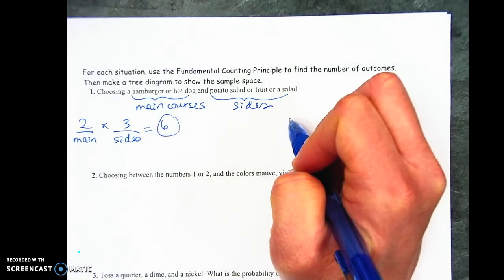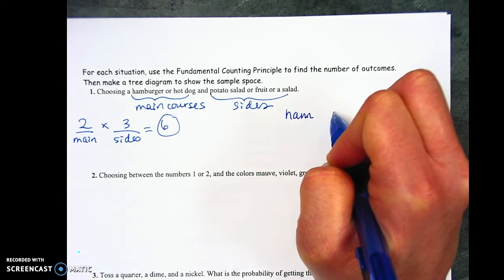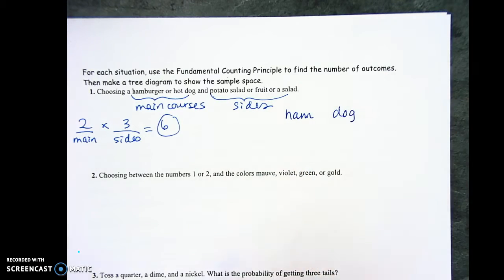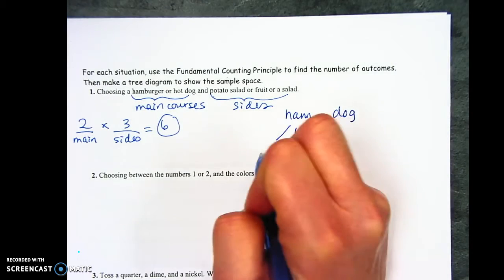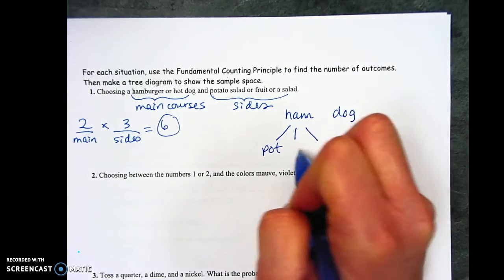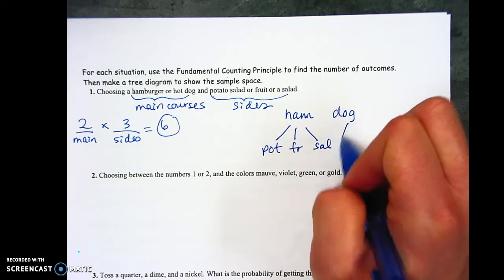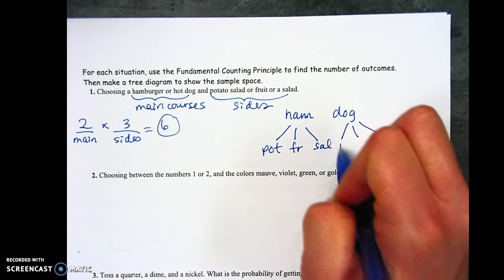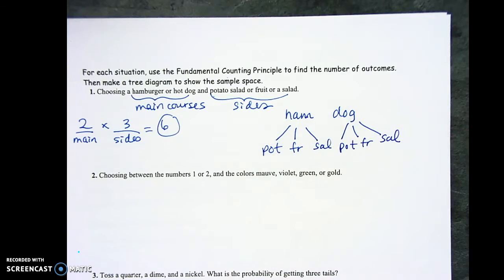So our main course could be a hamburger, or ham, or a dog, a hot dog, main course. Then you could pick either potato salad or fruit, FR, or regular salad. Same thing for your hot dog: potato salad, fruit, or regular salad.